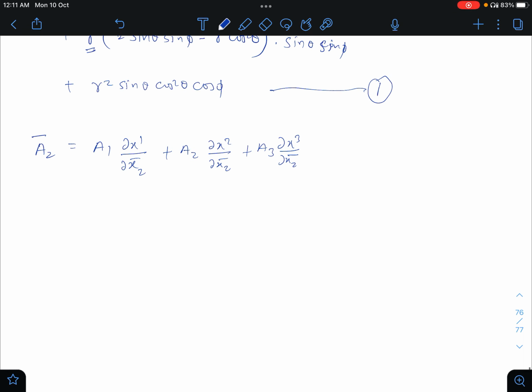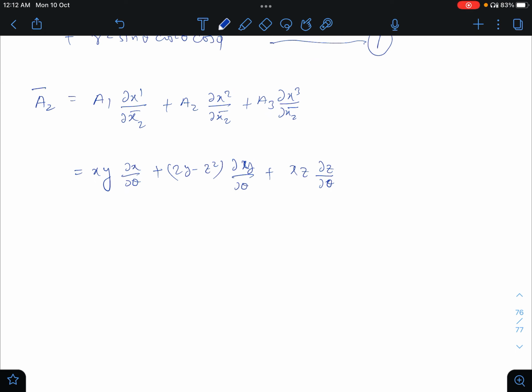Then we will get xy delta x upon delta theta plus 2y minus z square delta y upon delta theta plus xz delta z upon delta theta. So what are these x, y and z in spherical coordinates?